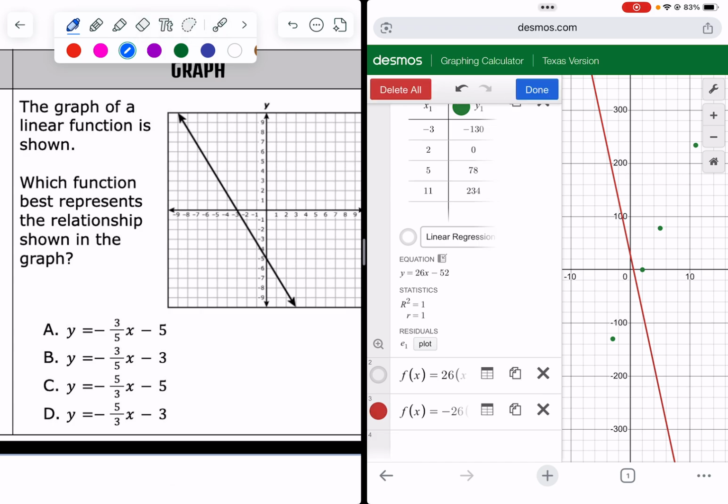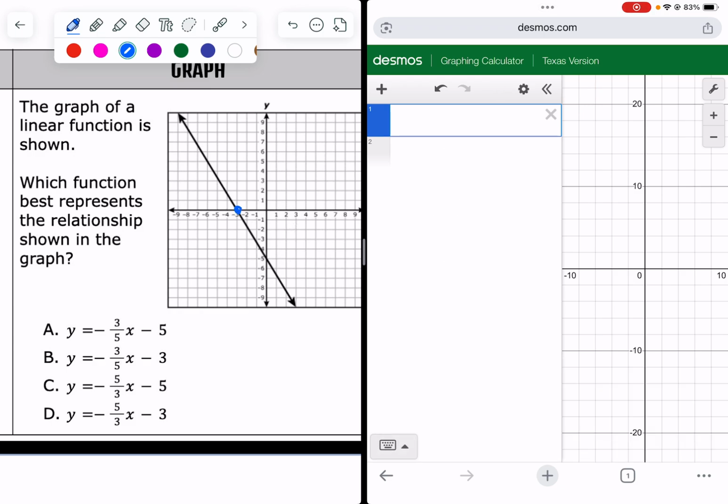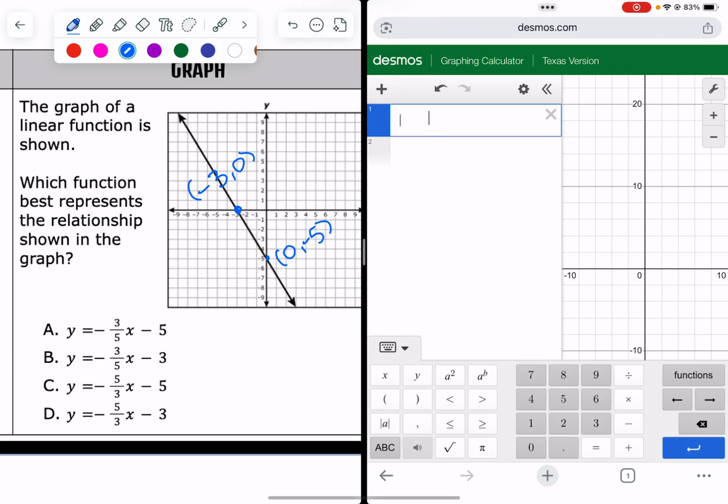Again, we've also seen something like this. So what we could do is get 2 points and then match the numbers. This is -3, 0. This is 0, -5. I could literally put my answers in Desmos and say y equals -3 divided by 5 x minus 5.